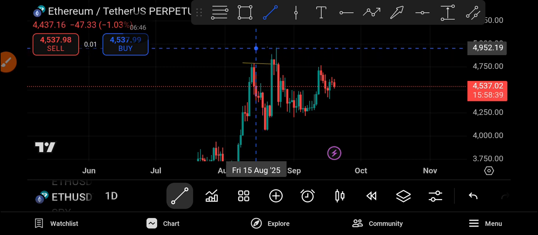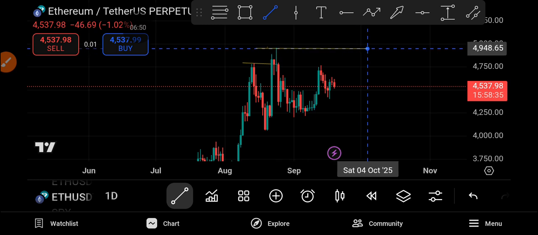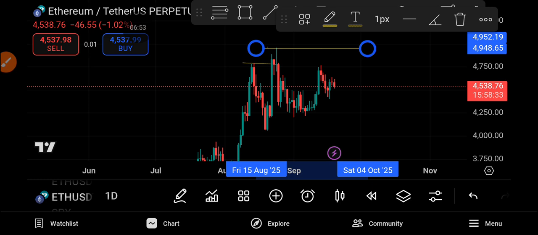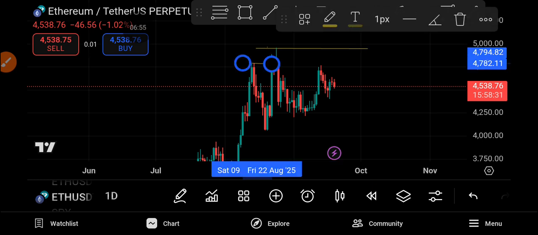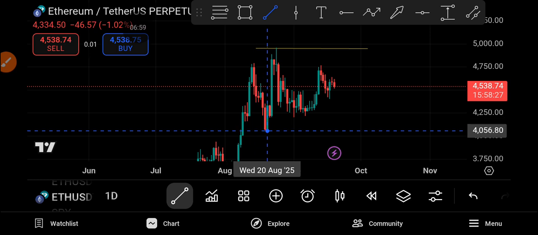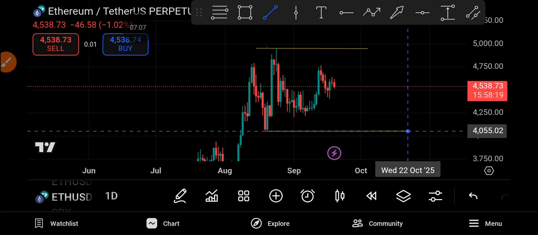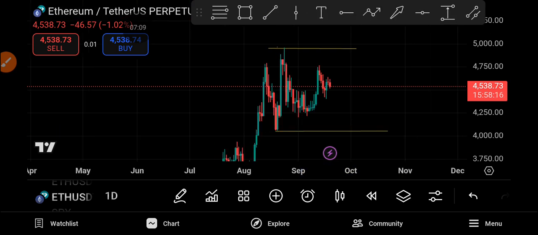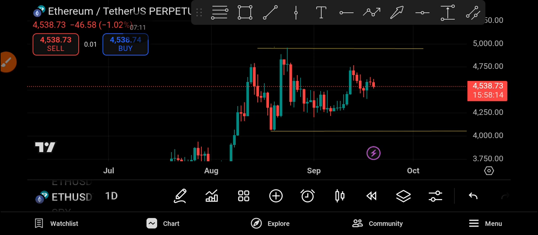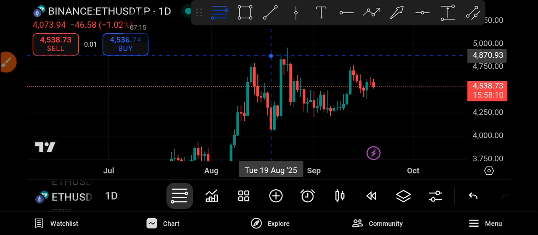Let's use this high and drag our tool on that high and this low. On this high and low, we will see that the market reacted into these places, and they are key points where the market was reacting from.